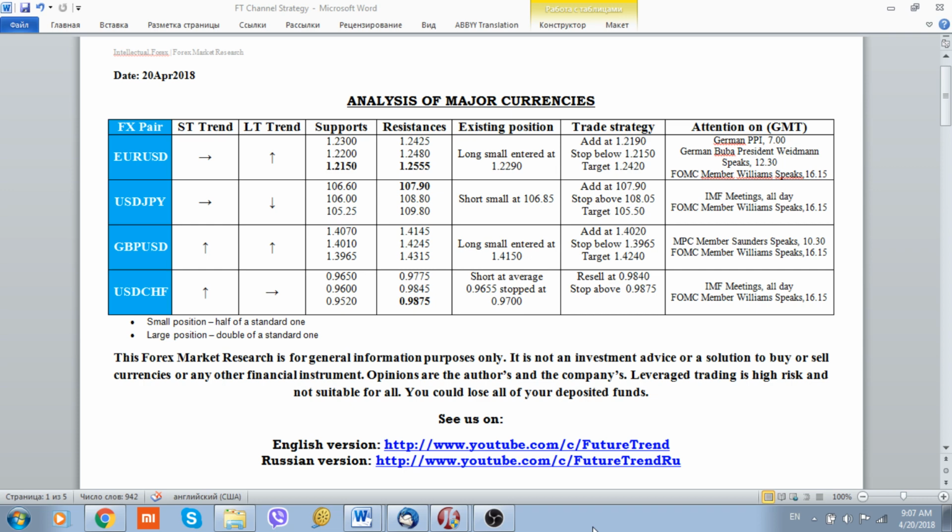A very good example to characterize such a situation is the English economy, the UK economy. During the last couple of days, we've seen rather bad economic news coming from the UK.